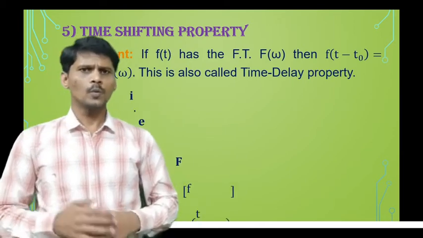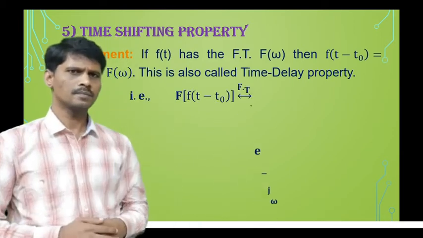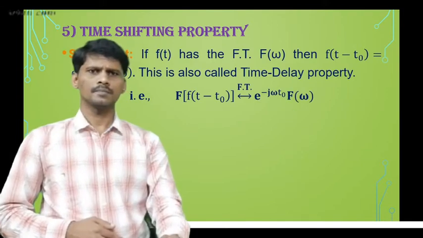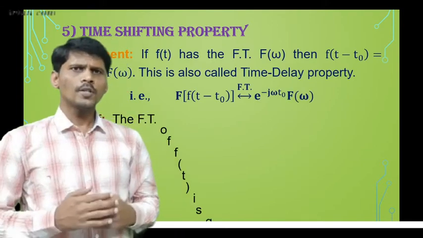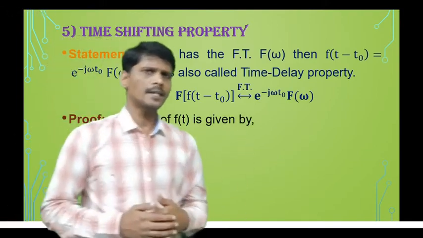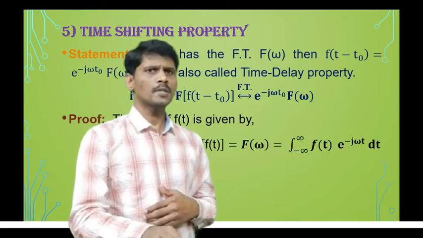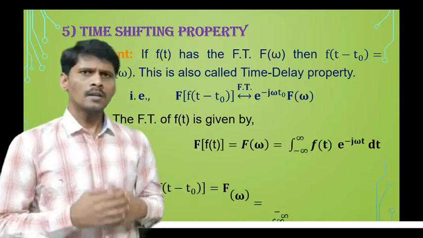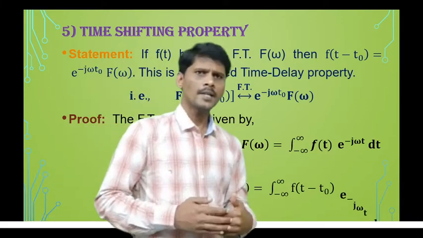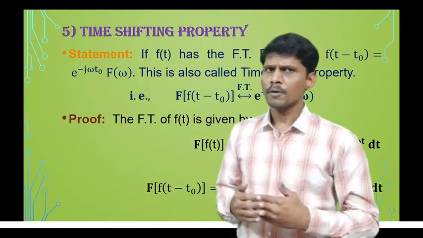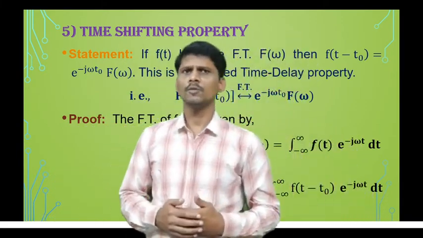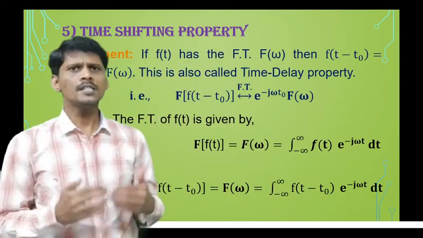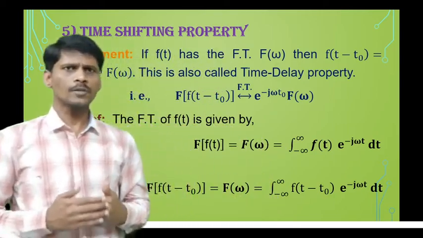Coming to the proof, the Fourier transform of f of t is defined as F of omega, equal to the integral from minus infinity to infinity of f of t into e power minus j omega t dt. That is the definition of the Fourier transform of a signal.